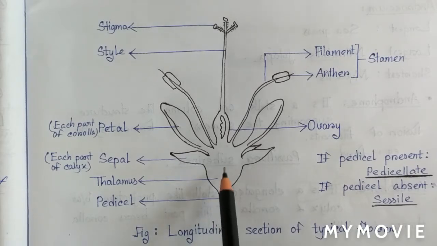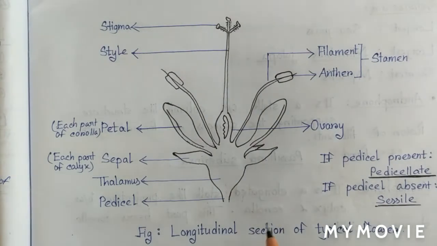Now we come to thalamus. What is thalamus? It is a short abbreviated axis which bears the 4 sets of floral leaves. It has swollen end with node and internode, but they are very compressed and not distinct in nature.